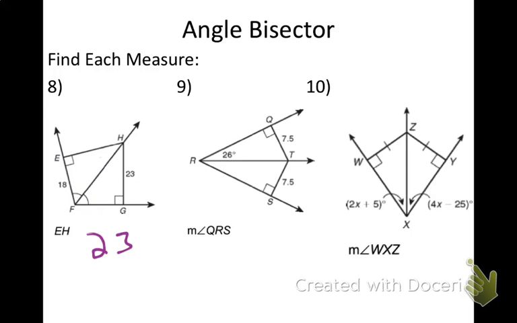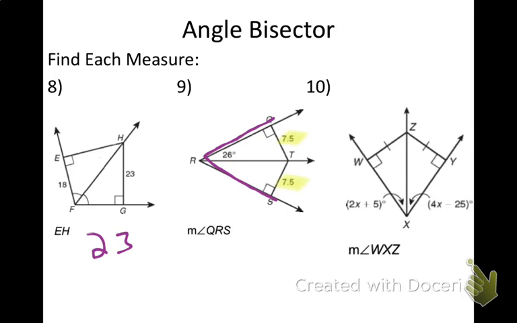Number 9. I want to find the measure of QRS. I want to find this measure. I know my two sides are 7.5, so my sides are the same, which means then that this has to be an angle bisector. So the missing angle is what there, Troy? What's this angle right here in red?